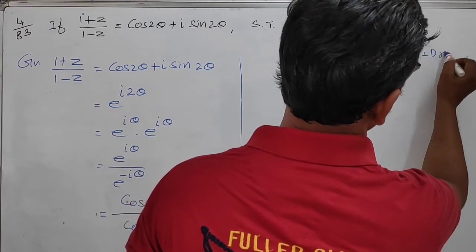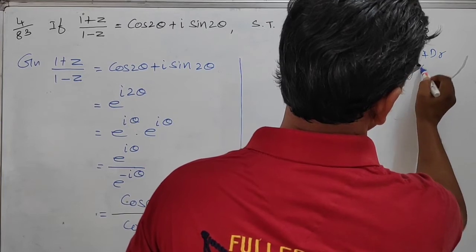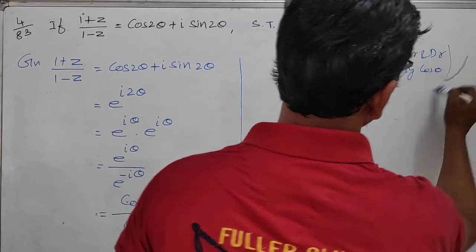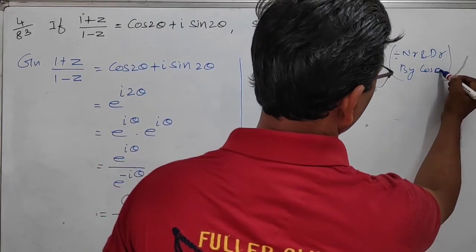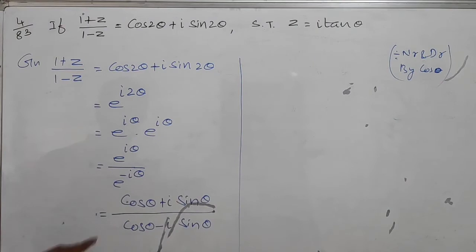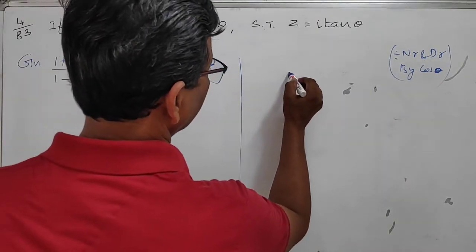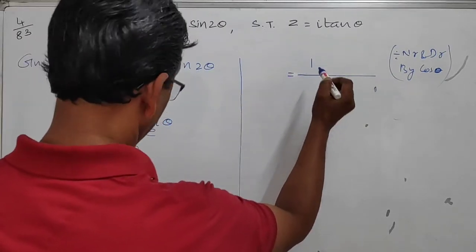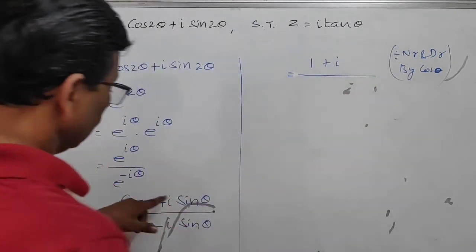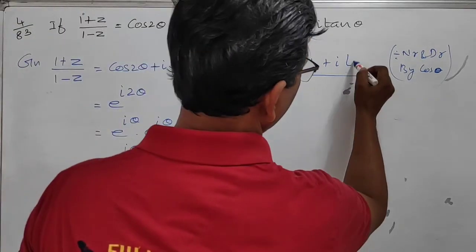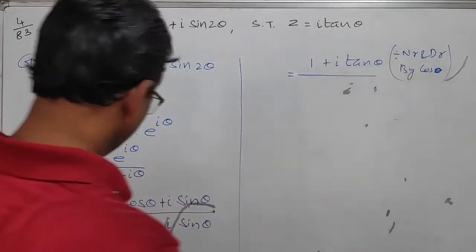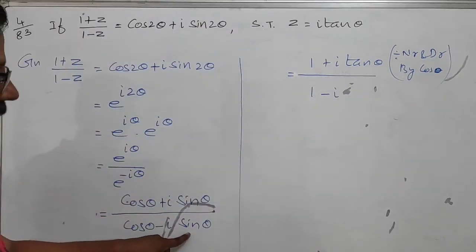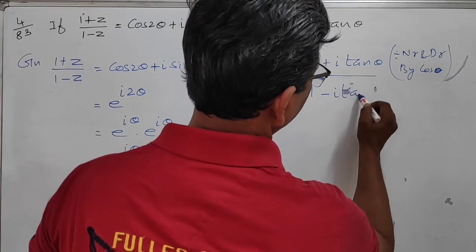If you divide like this you will be getting cos theta by cos theta, 1, then plus i into sin theta by cos theta, equal to tan theta, divided by cos theta by cos theta, equal to 1, minus i into sin theta by cos theta, equal to tan theta.